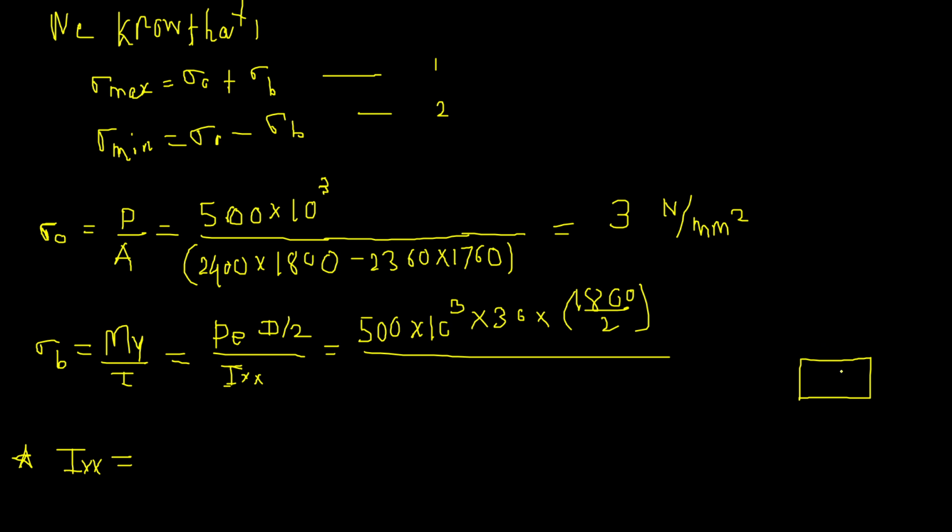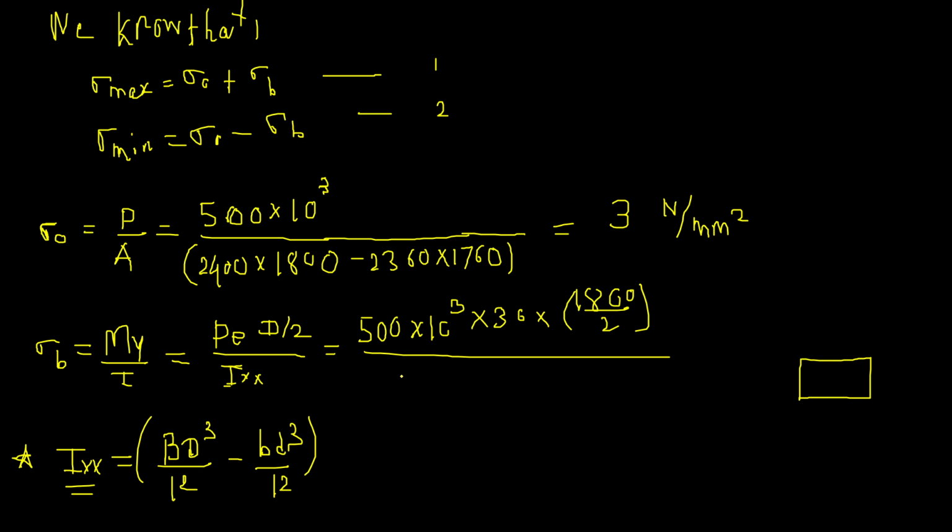But as there are two rectangles, we take the moment of inertia of the outer rectangle minus that of the inner rectangle. For the outer rectangle we use BD cube by 12, so capital B D cube by 12 minus small b d cube by 12. So this is the formula for Ixx.